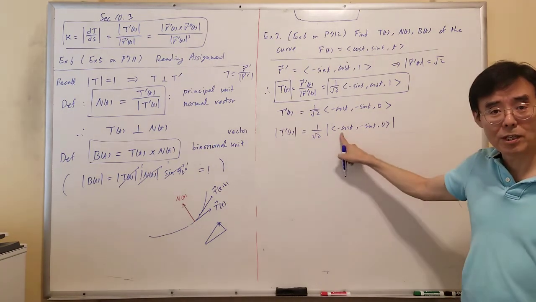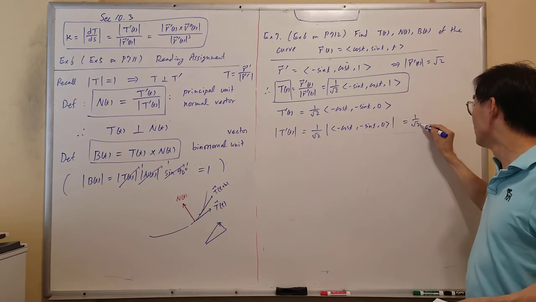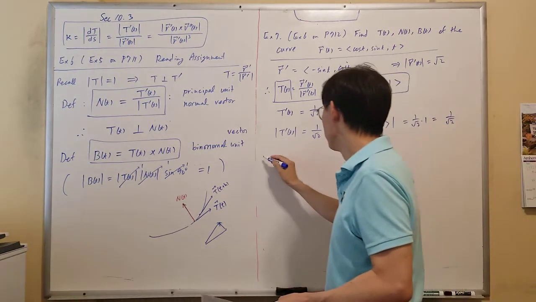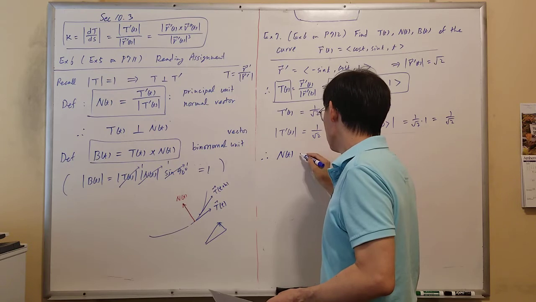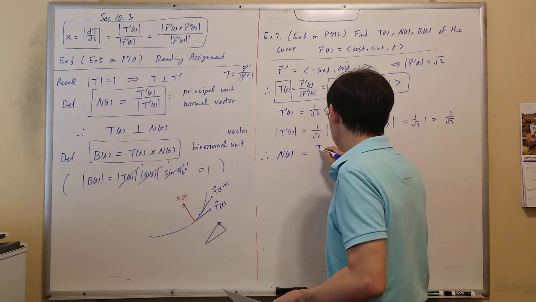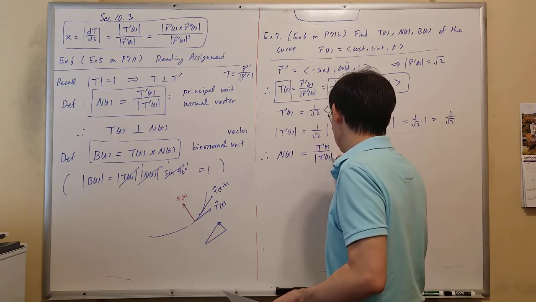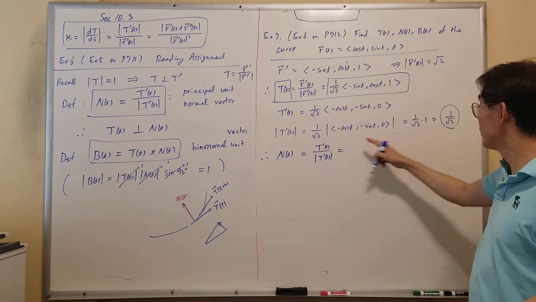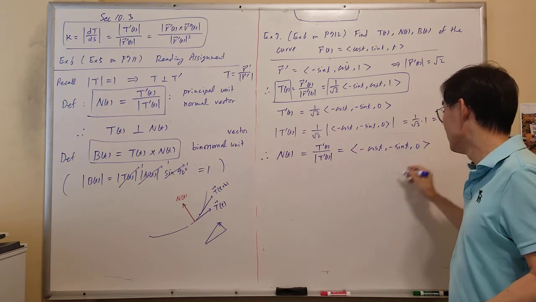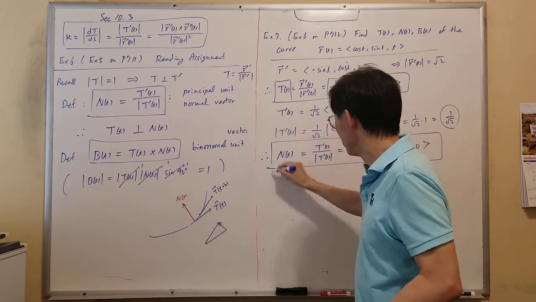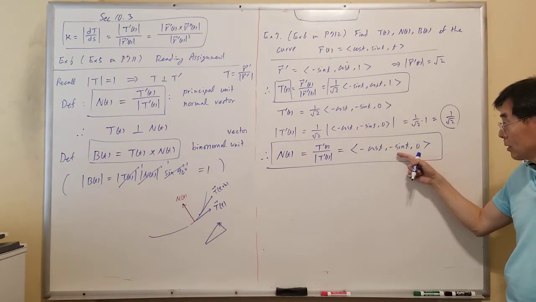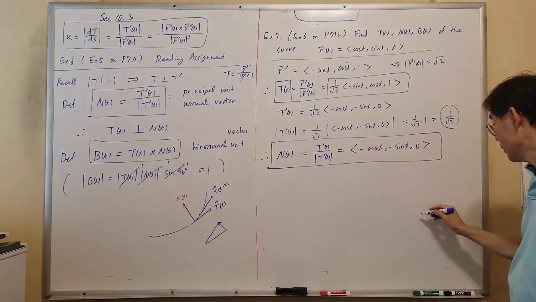This magnitude is the square root of cosine squared plus sine squared, which is 1. So it is 1 over square root of 2. Therefore, your principal unit normal vector is this one divided by this magnitude. So these two cancel: minus cosine t, minus sine t, 0. So in this helix, your principal unit normal vector is pointing toward the z-axis. Think about it.